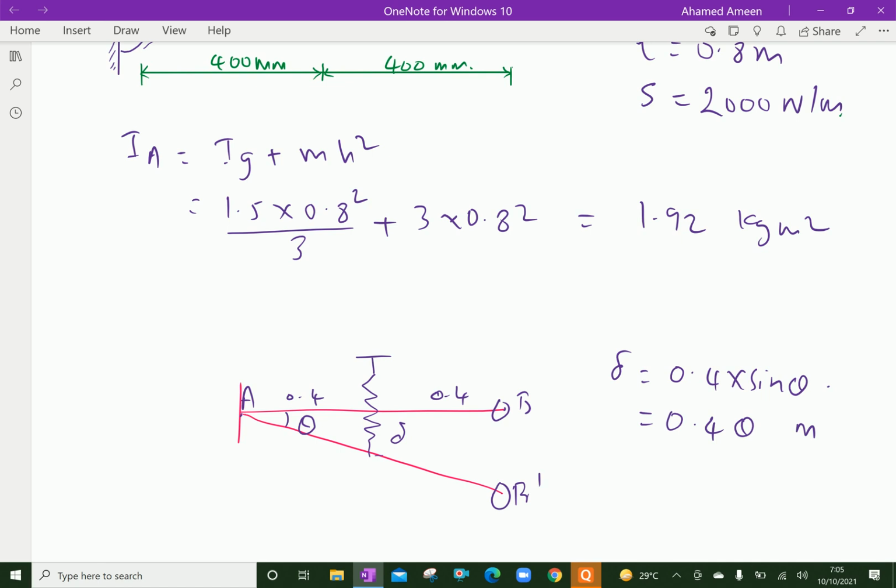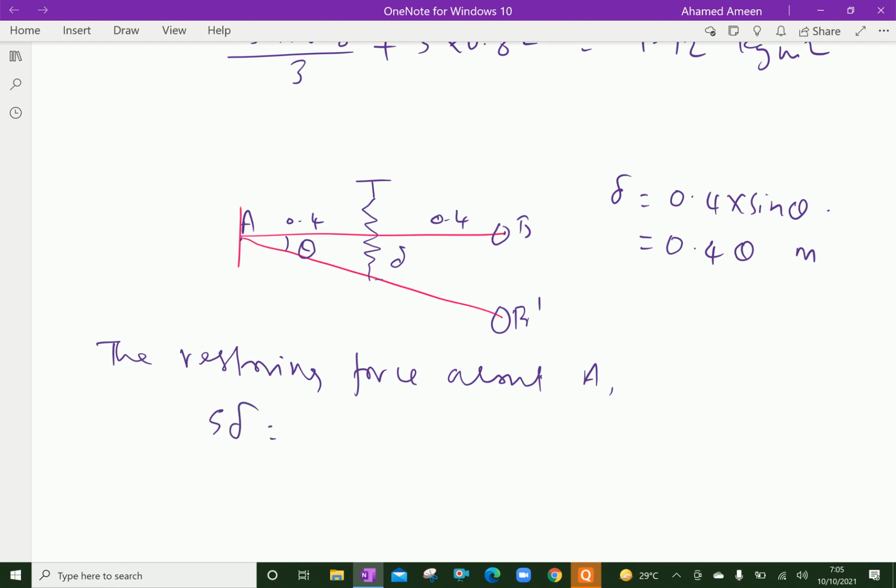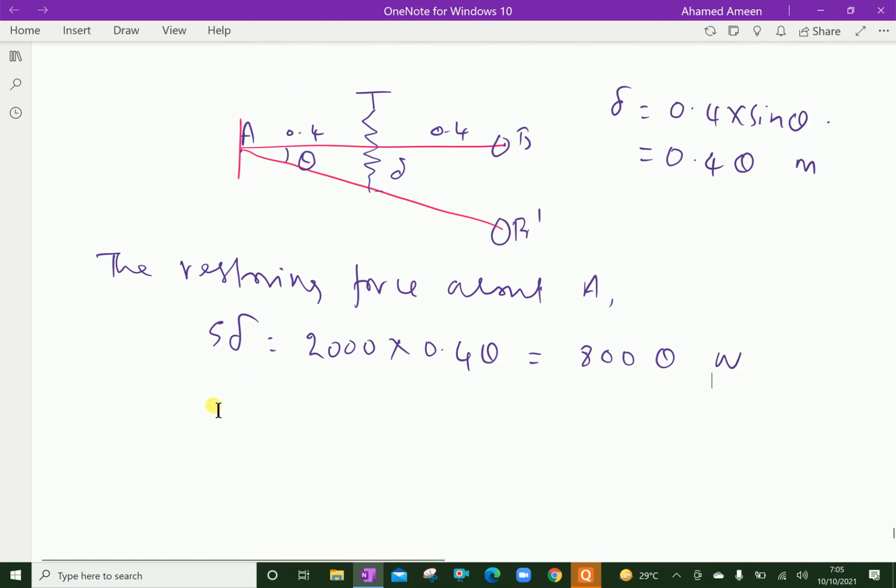Now the restoring force about A is S into delta, which is equal to stiffness 2000 Newton per meter into delta 0.4 theta, which is equal to 800 theta Newton.